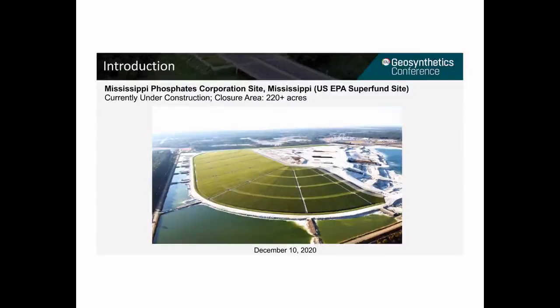The total closure area is over 220 acres, and the construction of the engineered turf cover is currently ongoing. The aerial photo was taken on December the 10th, 2020, and shows that part of the site had already been closed with the engineered turf cover.